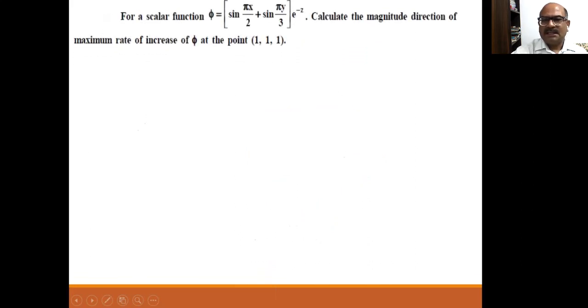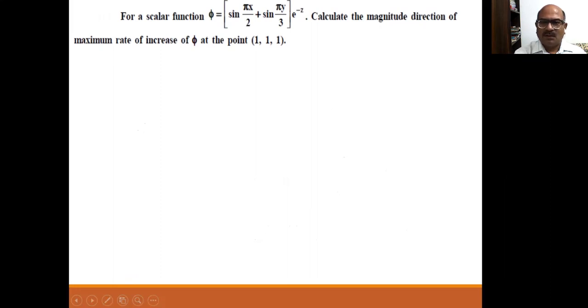Now the next numerical: we have to find the maximum rate of increase. See here, there is a scalar function phi. The value is sine pi x by 2 plus sine pi y by 3, multiplied by e to the power minus z.